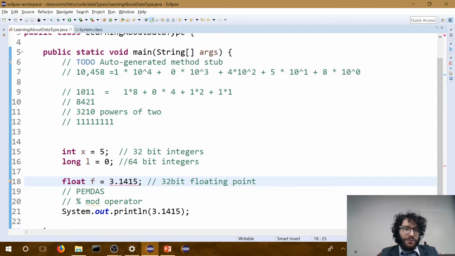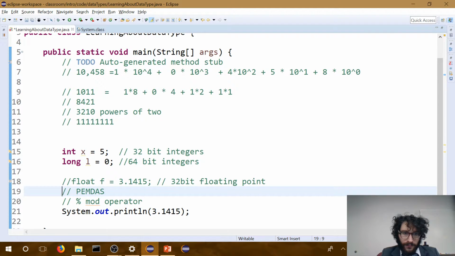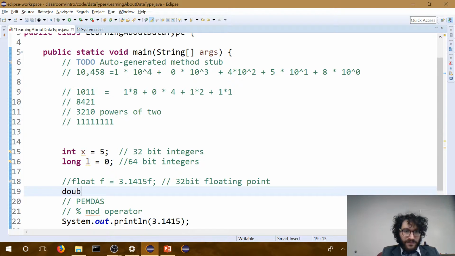If I want it to be treated as a float, I'd put an F underneath it. But the default type in Java isn't the 32-bit number. It's the 64-bit floating point number, which is double the length. So we call it a double.